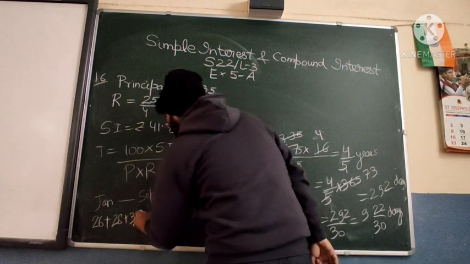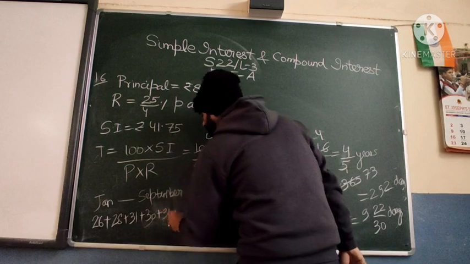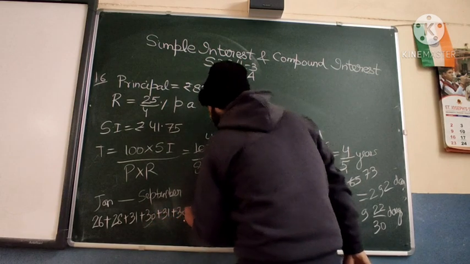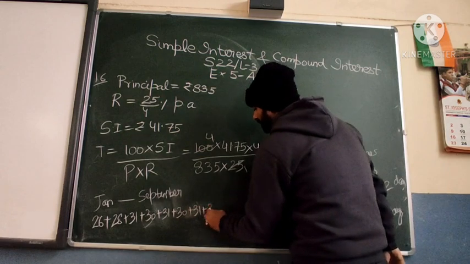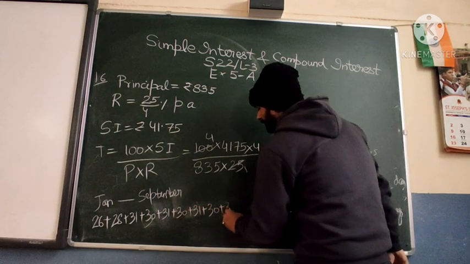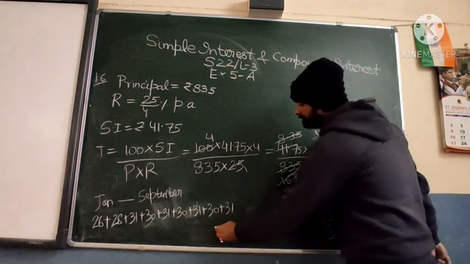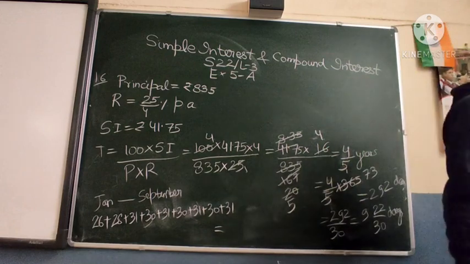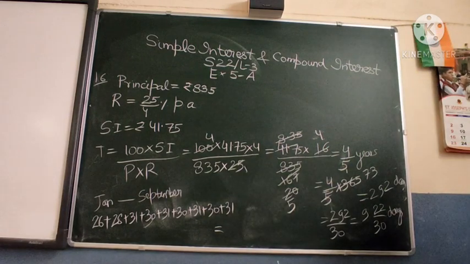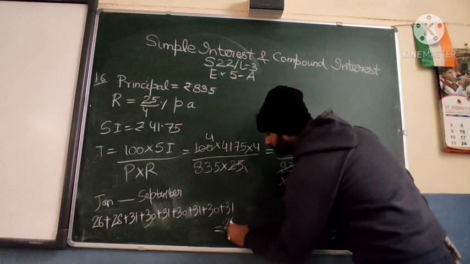March 31 days, April 30 days, May 31 days, June 30 days, July 31 days, August 30, September 31. So this all you add, how much will it come to? It comes as 268 days.